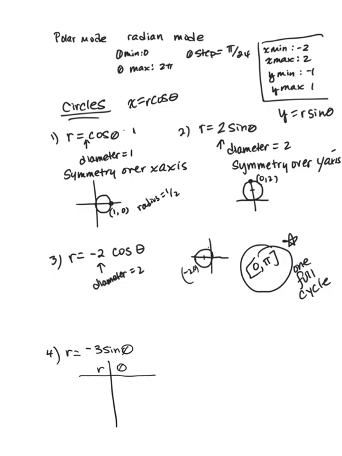Now, I'm only going to be going from 0 to pi. So I would pick out values that work well for sine. Sine works out well with 0. It works out well when you have pi over 6, because the sine of pi over 6 is a half. Pi over 2 works out well. 5 pi over 6. And of course, pi.